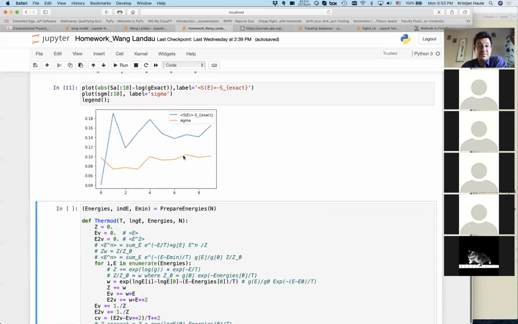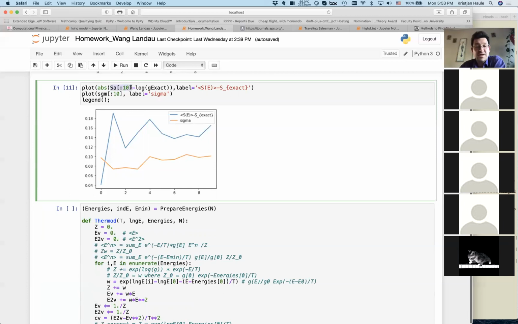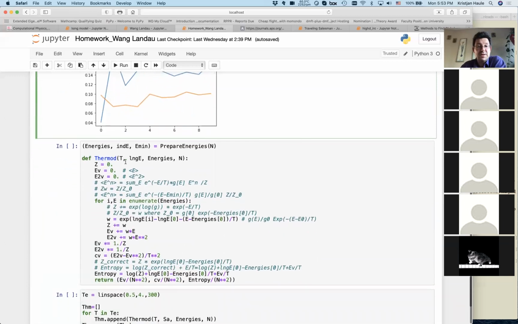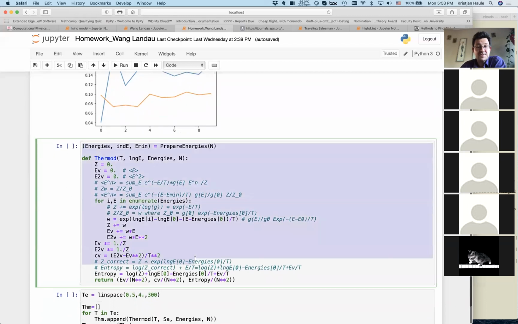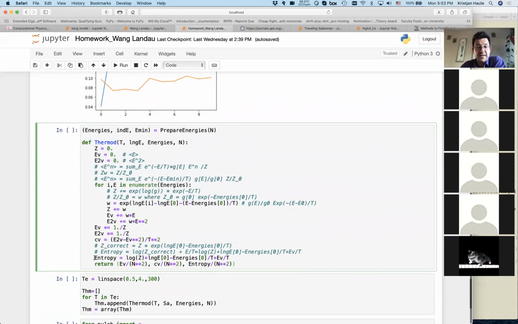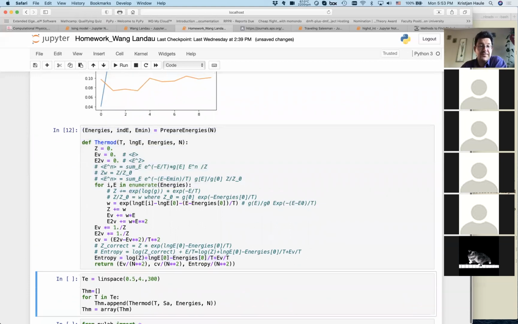Okay, so once you have this, from now on, we're going to only use this average density of states, or the best density of states we have, and we're going to do now the thermodynamics. So this thermodynamics is exactly copied from the previous notebook, so nothing new. Of course, there is something new here. I added entropy, okay? But entropy, you saw the derivation, and you saw my calculation for it. So this is exactly the same as before.